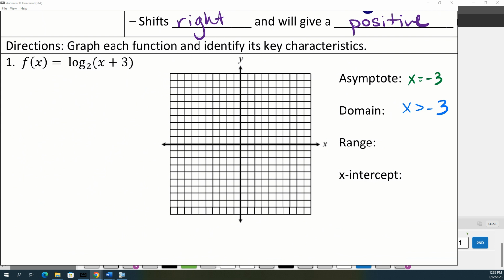So just change the equal sign to a greater sign. And all of these are going to have a range of all real numbers. Okay, so all that you can get just by looking at the problem. Now to get the x-intercept, we're going to have to look at the graph.